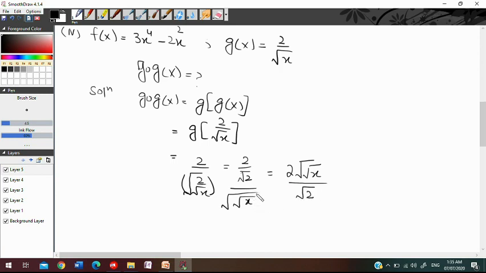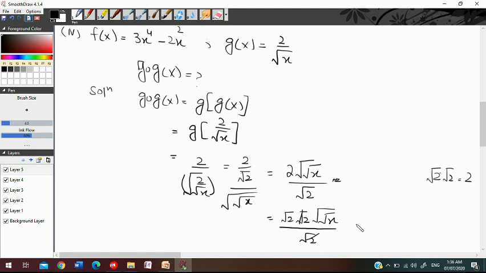We have converted this, and we know that under root 2 is equal to simply 2. So here you can write under root 2 at the place of this 2, under root of under root x divided by under root 2.